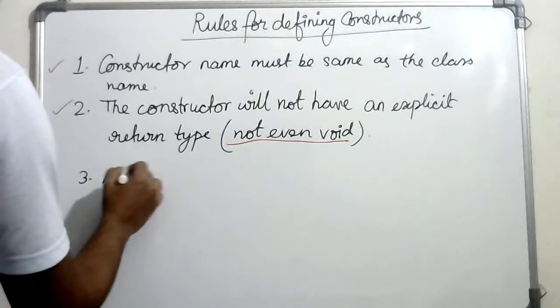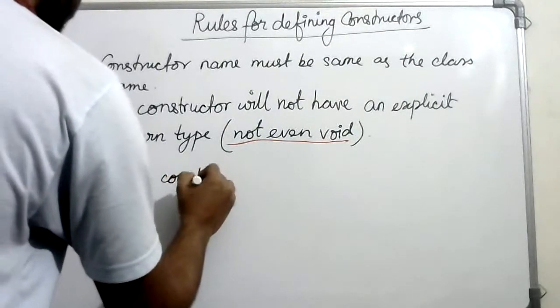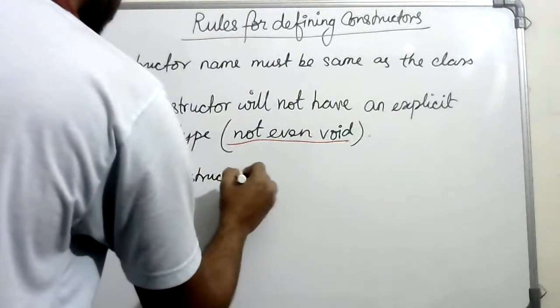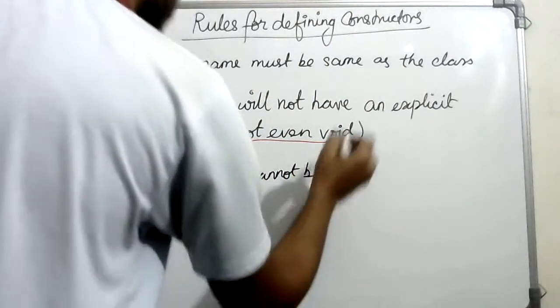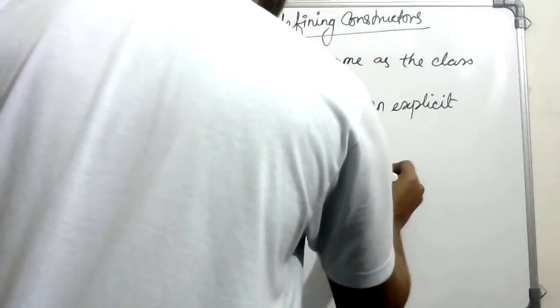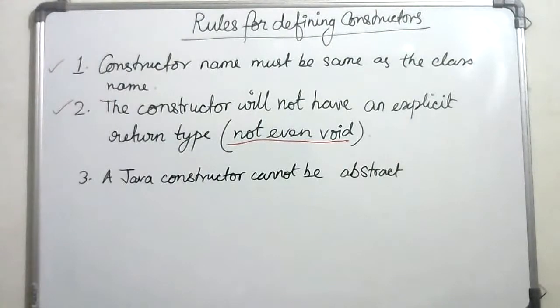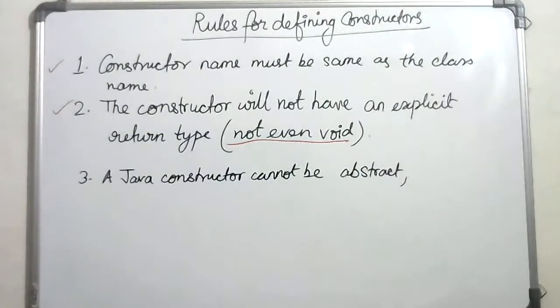So a Java constructor cannot be, number one, abstract. We haven't done abstract classes. It's not in your syllabus, but just know that it cannot be abstract. You do not need to know the concept of abstract. Just know that constructors cannot be abstract.